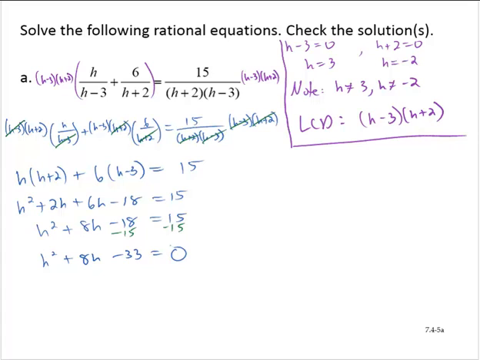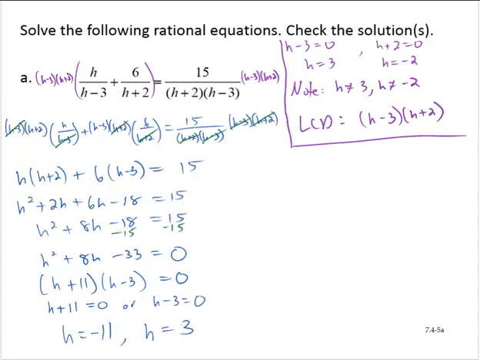Alright, h squared plus 8h minus 33 factors as h plus 11 by h minus 3. So I set each factor to 0. H plus 11 is 0, or h minus 3 is 0. And so the first equation, h plus 11 is 0, implies that h is negative 11. The second equation, h minus 3 equals 0, implies that h equals 3.